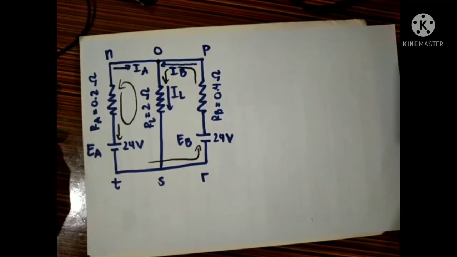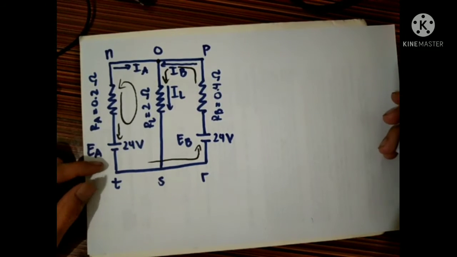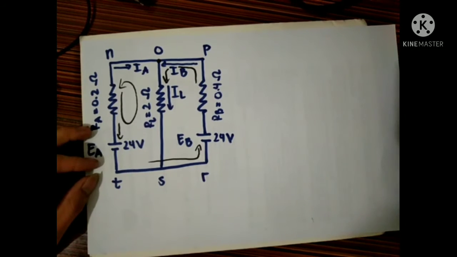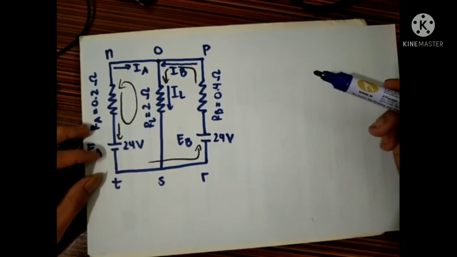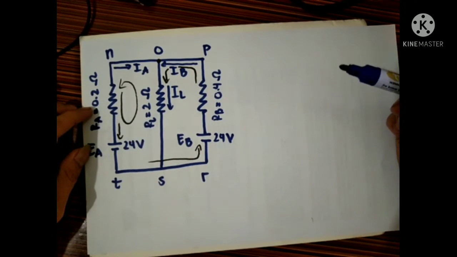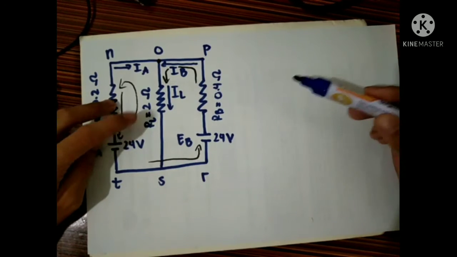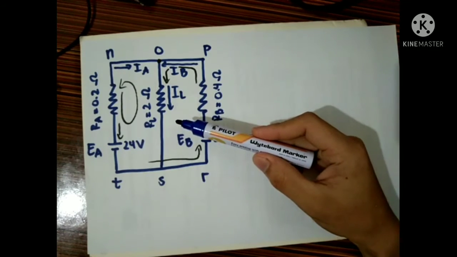As you can see in the circuit diagram, we have EA and EB, which have 24 volts each, and we have the loop TSRPON with a resistance of 0.2 ohm for RA, 0.2 ohm for RB, and for the load, 2 ohms.